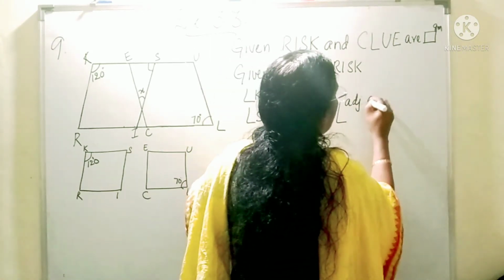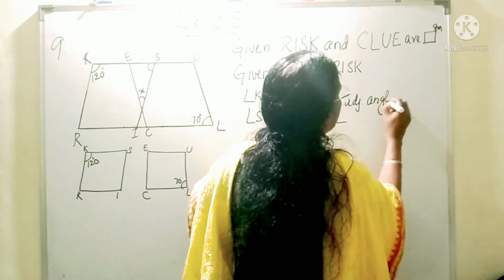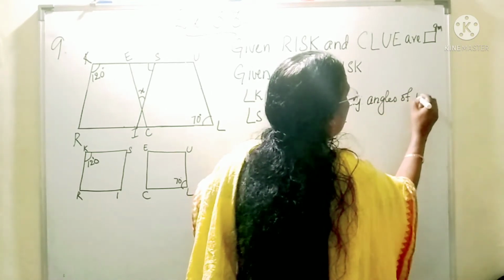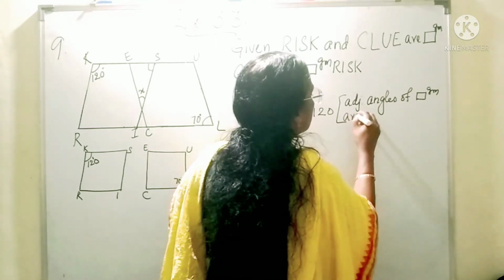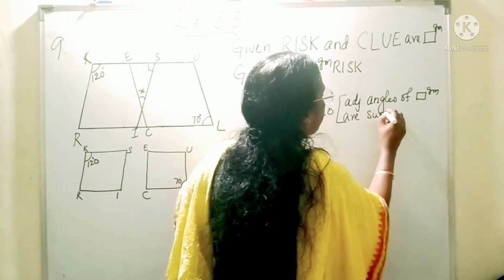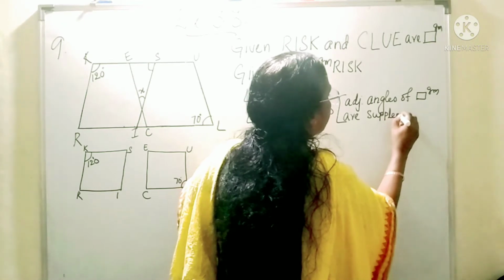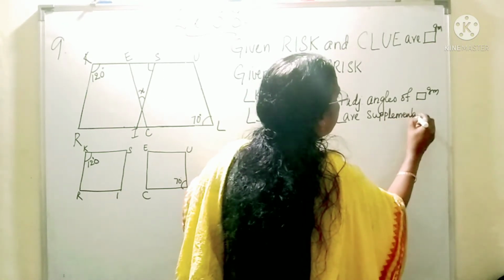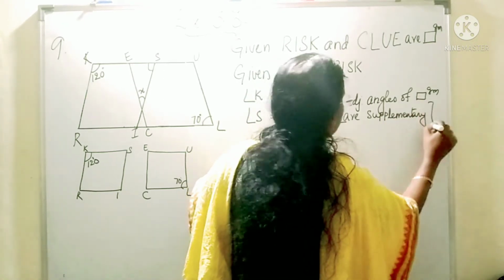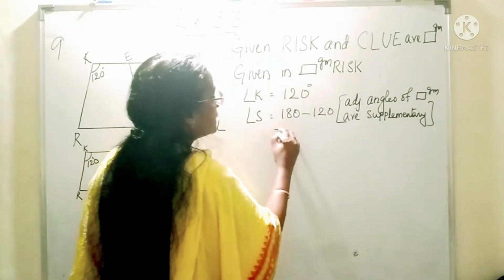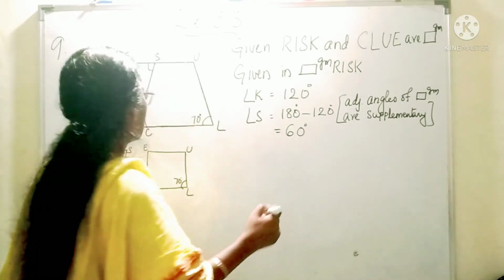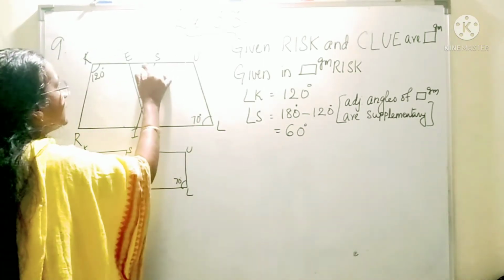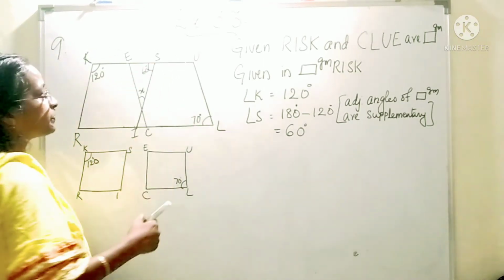Adjacent angles of a parallelogram are supplementary. So angle S is equal to 60 degrees. So you got this angle as 60 degrees.